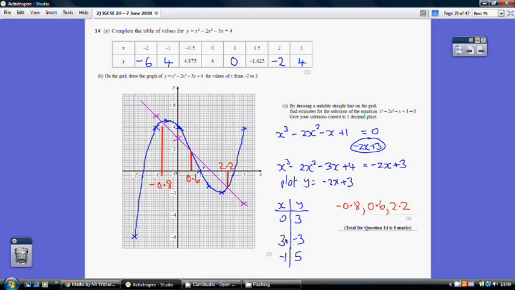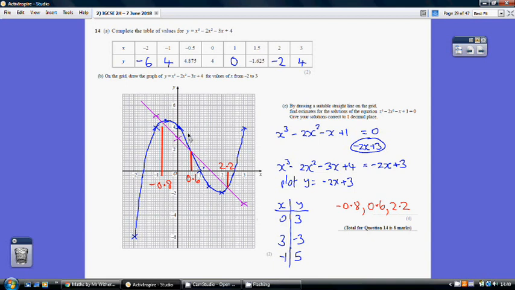When x equals 3, that's going to give me minus 6 plus 3, which is minus 3. And then when x is minus 1, minus 2 times minus 1 is plus 2. Add the 3, you get 5. So I've plotted these 3 points here in purple and then drawn in a straight line with my ruler.